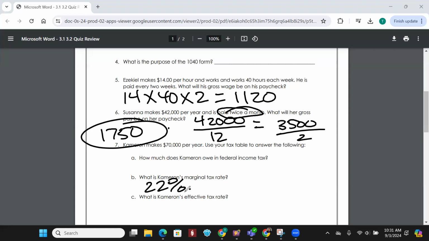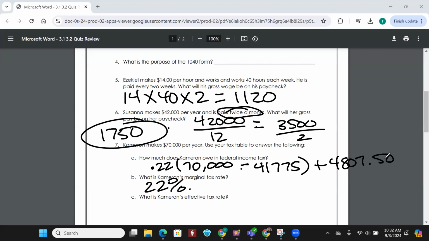Now, how much does Cameron owe in federal income tax? This is where you're going to use that formula. So you're going to say 0.22 times 70,000 minus, and on the table it tells us 41,775, plus 4,807.50.